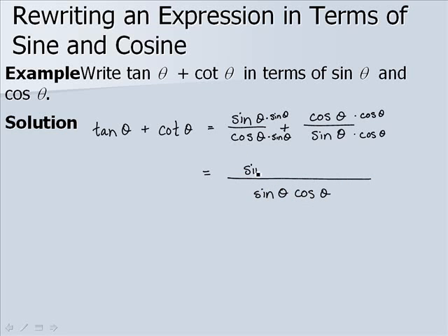So we will have sine squared of theta plus cosine squared of theta here. And this is our Pythagorean identity. Remember that sine squared plus cosine squared is equal to 1. And we substitute that. So we have 1 over sine theta cosine theta. So we've now written tangent plus cotangent in terms of sine and cosine.